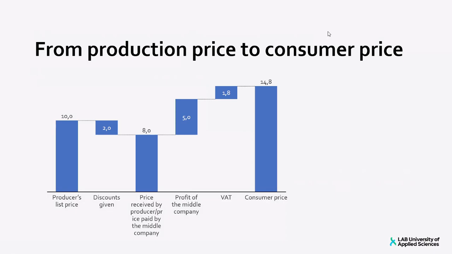In this case, the VAT amount is 1.8 euros, and calculating these all together, the consumer price is 14.8. So there is a difference between that and what the producer is actually getting, and the producer also has some production costs and probably raw material costs as well.